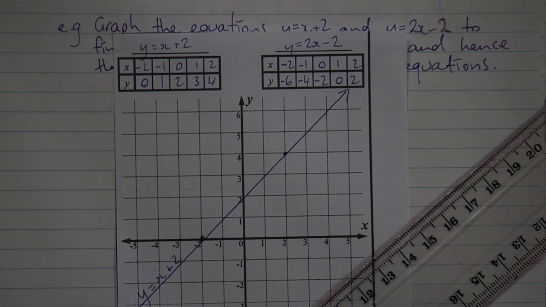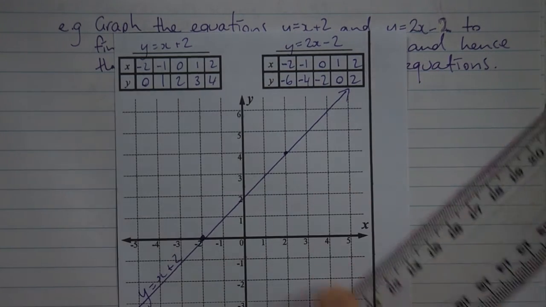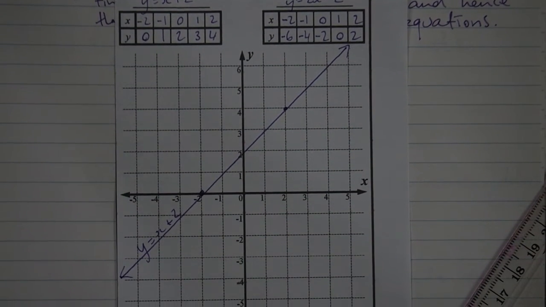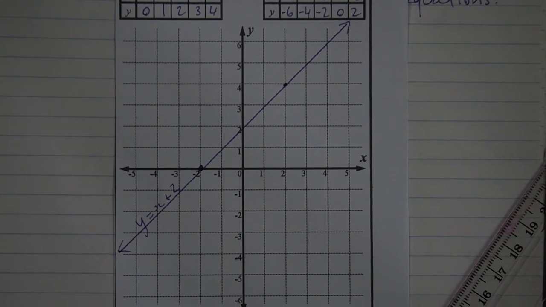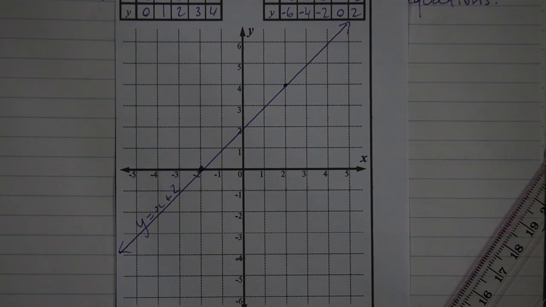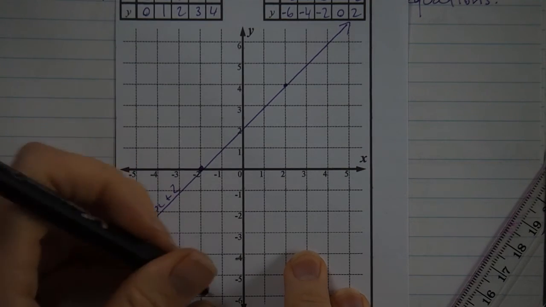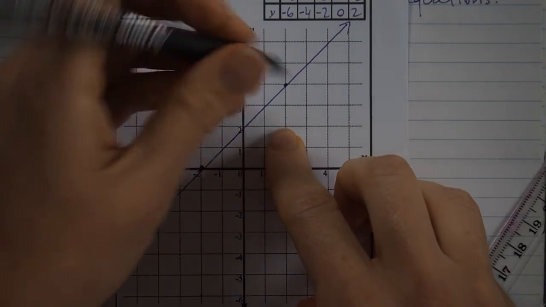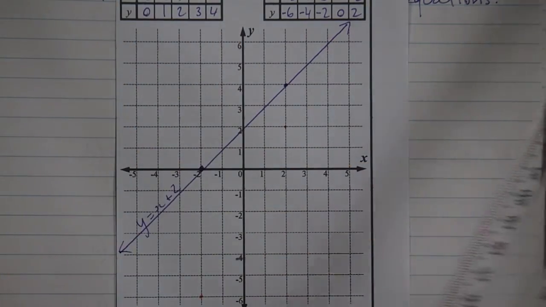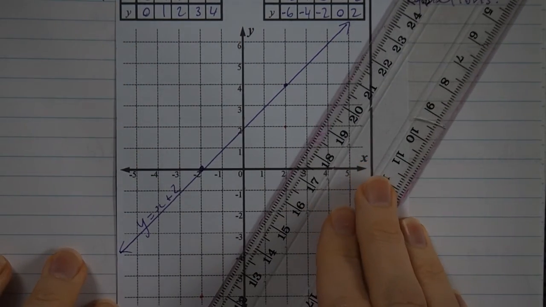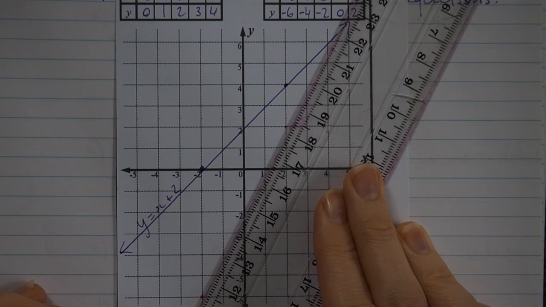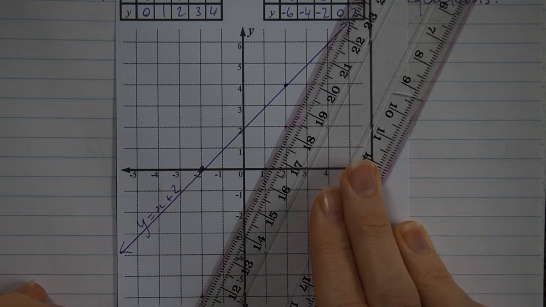For my other one, I've got -2, -6, so that is all the way down here, and then I've got 2, 2 up here. I'm going to run my ruler through, making sure it is straight.